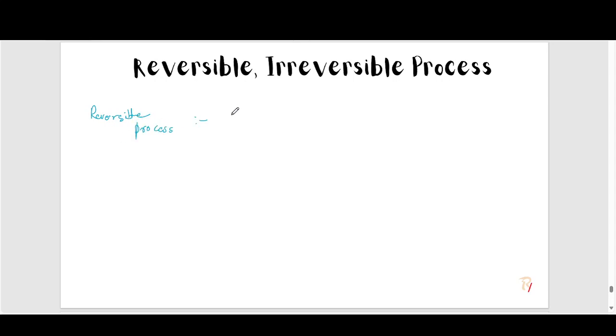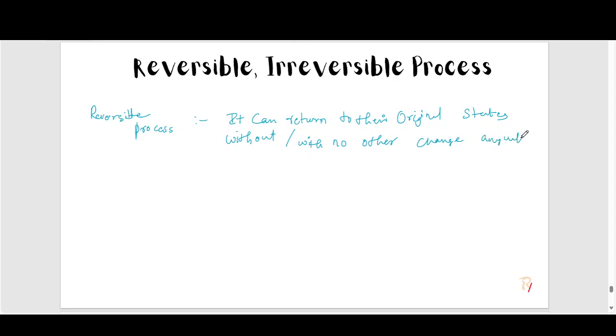A reversible process is nothing but one that can return to the original state with no other change anywhere in the surroundings.